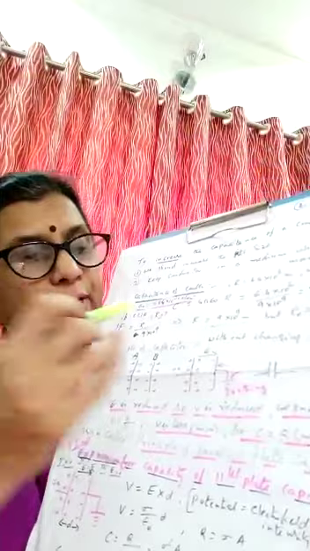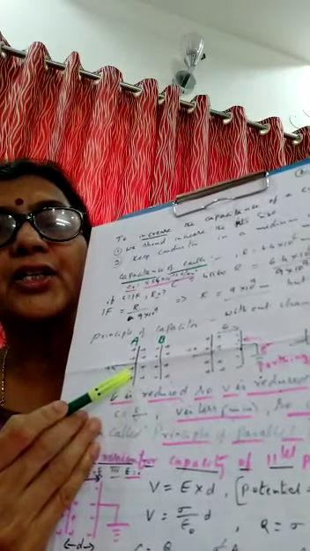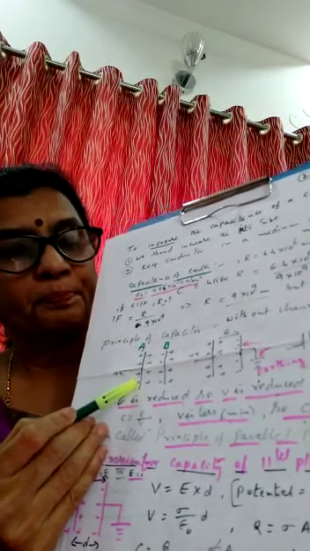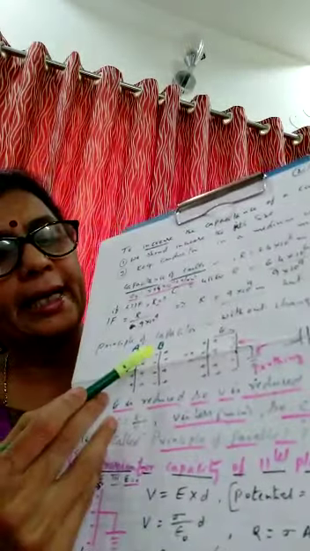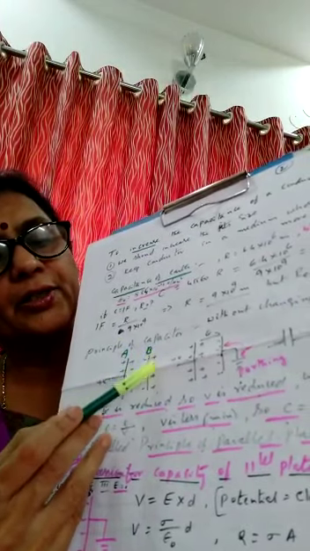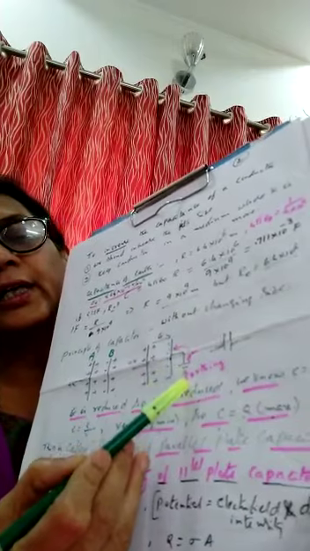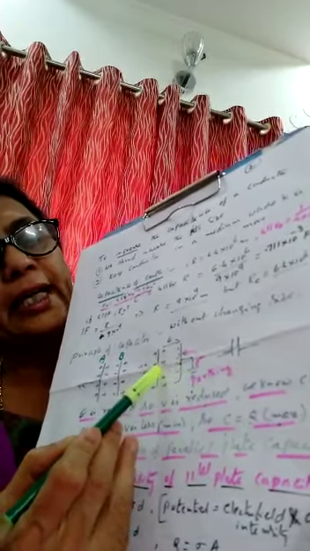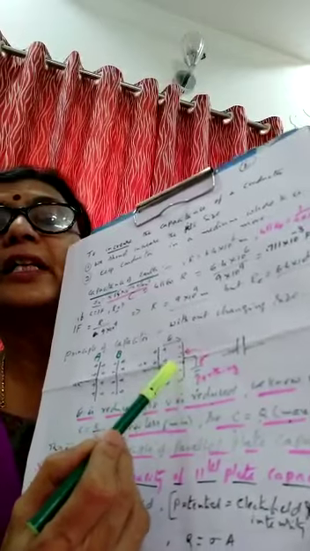The principle I have already explained, but once again I would like to explain. Take an insulated charged conductor and bring another neutral conductor nearer to this. Here a negative charge is induced and here a positive charge, and this second side of the neutral conductor is connected to the earth. Then there exists an electric field only between the two plates, and the potential between the plates will reduce.